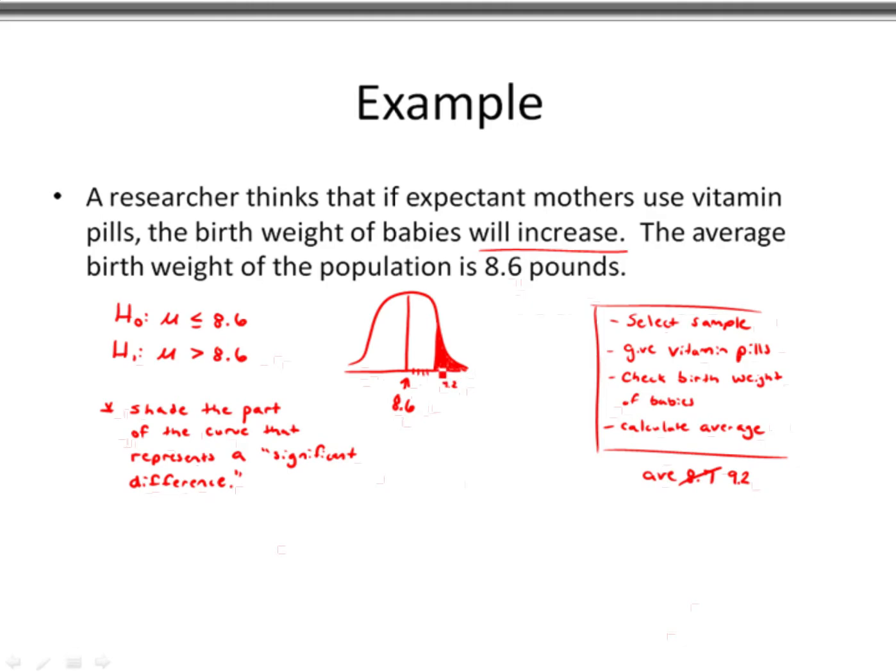And so we're going to end up shading on this right-hand side of the curve. Okay, and so I'm going to call this a right-tailed test. And we're going to come back in just a minute and add the critical value to this. But let's just talk first about simply how we decide how to shade.